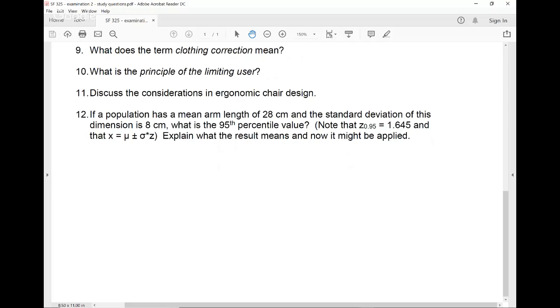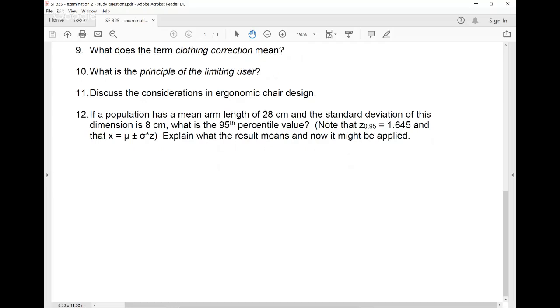I mean, it's not Shaquille O'Neal, but same body build. That person is going to be your limiting user because they're going to constrain your options for designing the workplace. So you're going to have to make quite a bit of accommodation for that person compared to the average person.